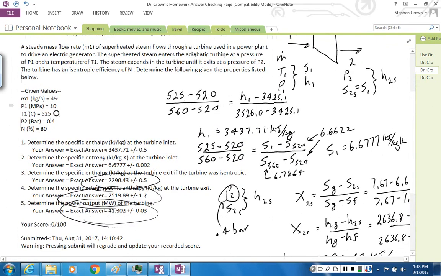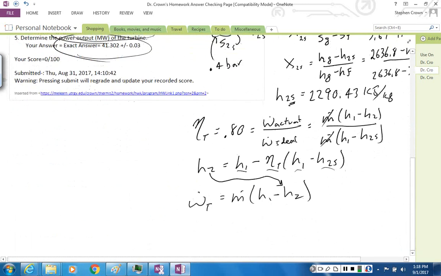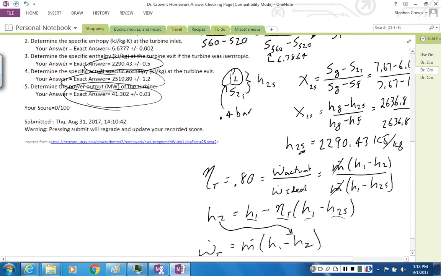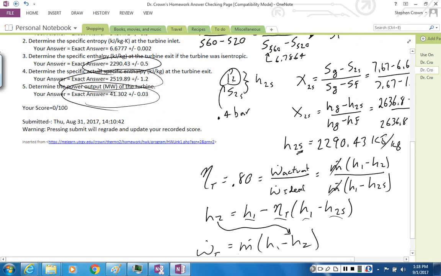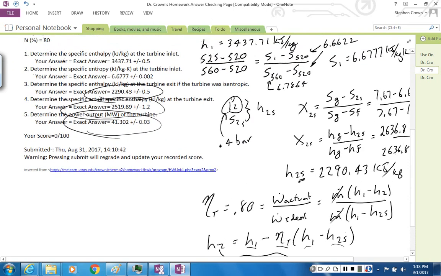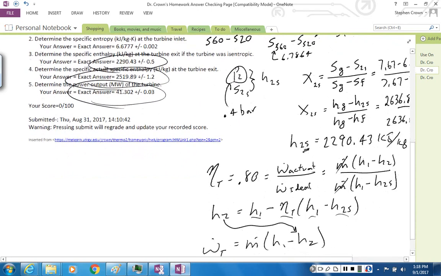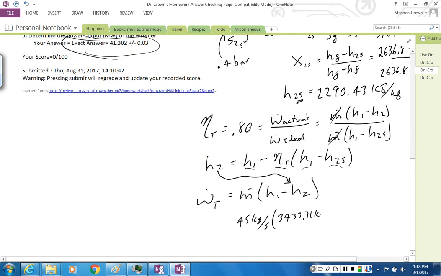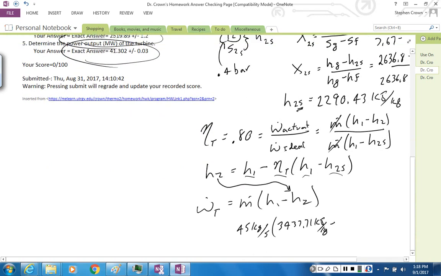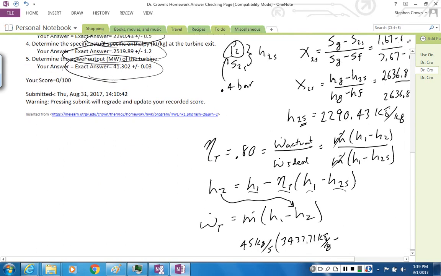It is 45 kilograms per second, so let's just write 45 kilograms per second times inlet enthalpy was 3437.71 kilojoules per kilogram minus 2519.89.